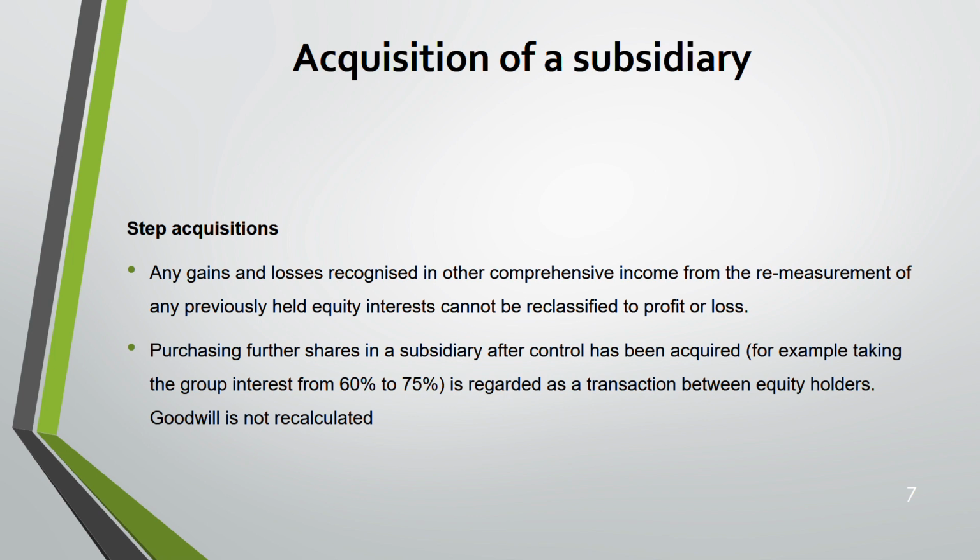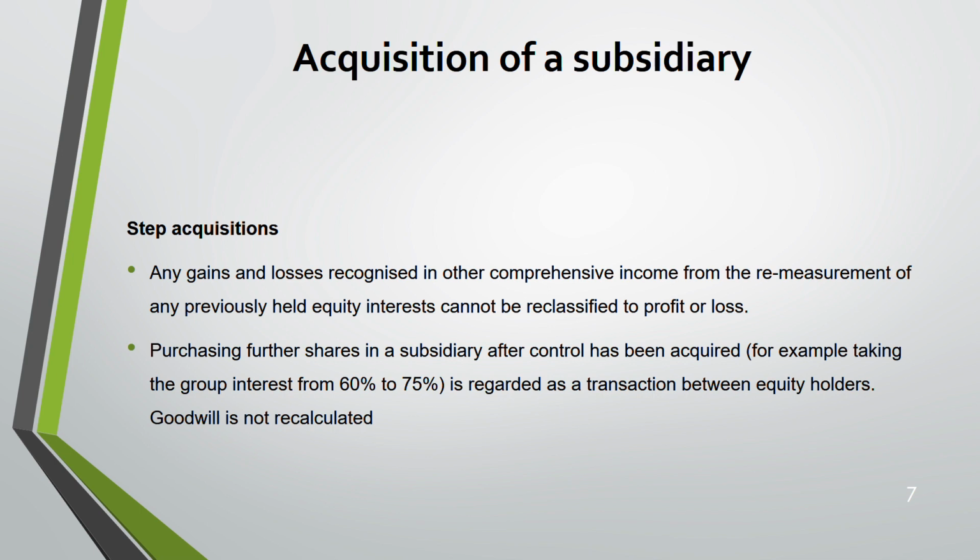Why? Because this is not considered as a sale or an acquisition. It is regarded as a transaction between equity holders. That means your NCI is reducing and your majority shares are increasing, minority is decreasing. It is just the shareholders are changing their hands. That's it. This is not an actual transaction between a buyer and a seller.